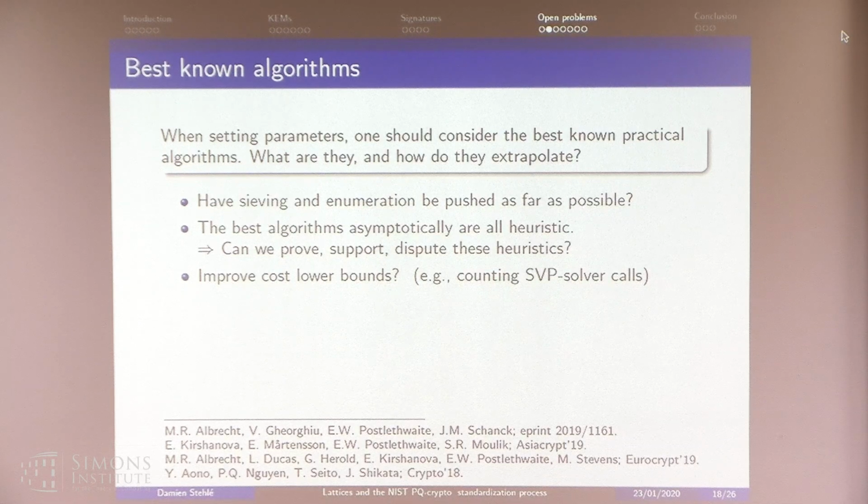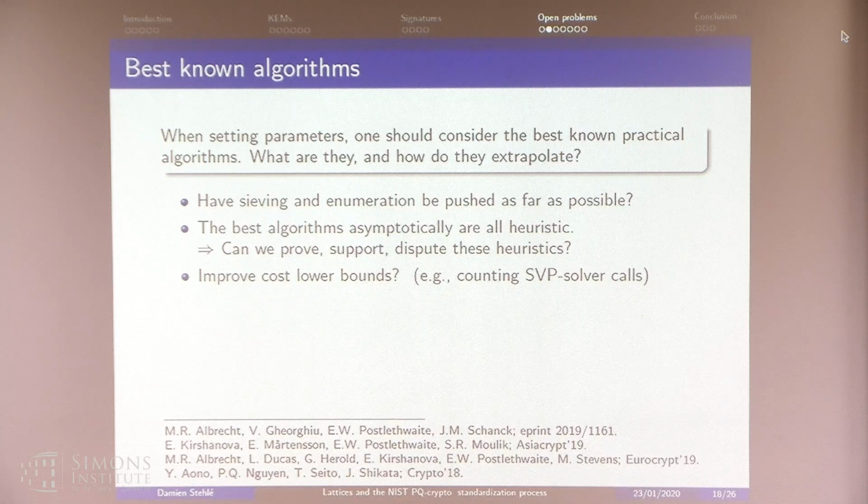And also, one possible avenue would be to improve cost lower bounds. Improve a lower bound, that means increase the lower bound rather than decrease it. It's somewhat easy to decrease the lower bound.